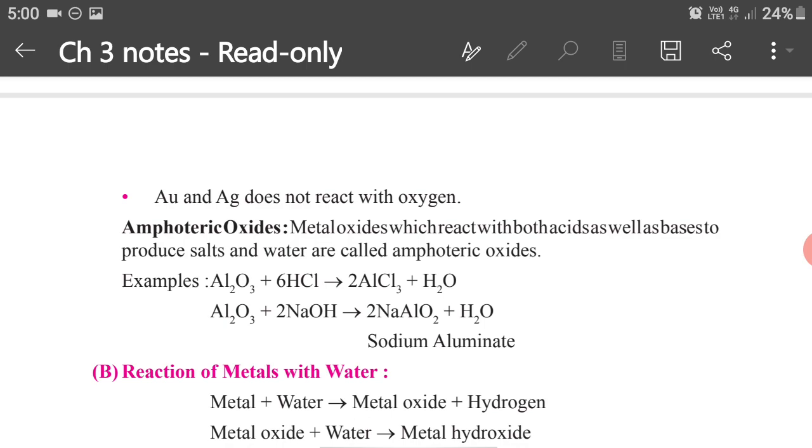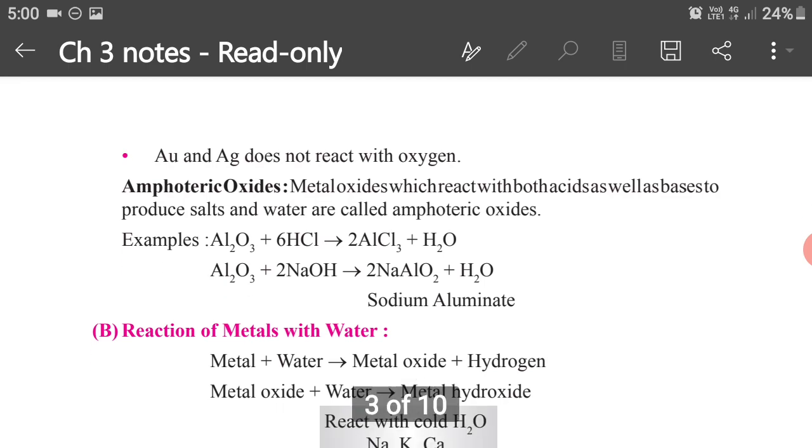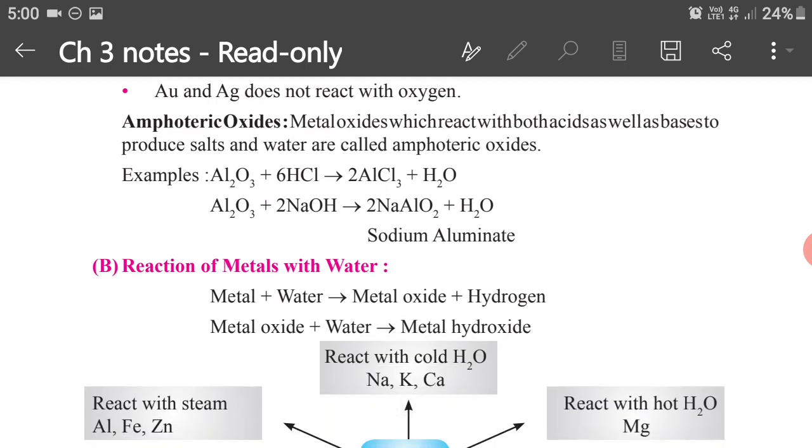Now one more very interesting thing we come to know here is about the amphoteric oxides. What are amphoteric oxides? Some of the metallic oxides like zinc oxide and aluminium oxide react with acid as well as base.